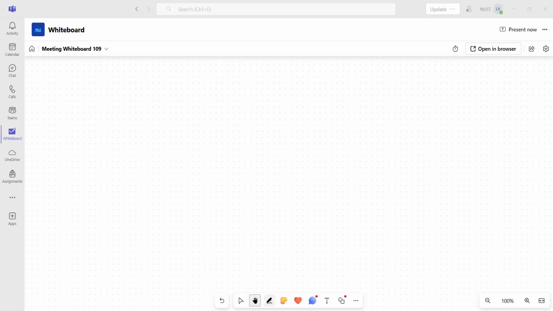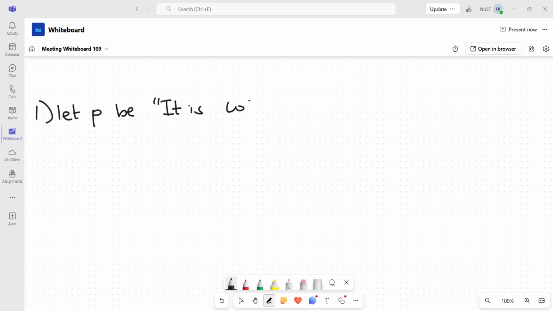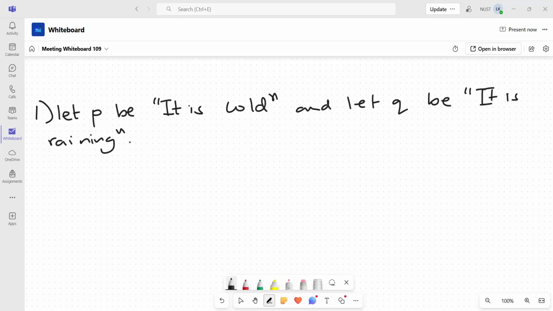Okay, so example number 1, it says, let P be, it is cold. So this is our statement P. And let Q be, it is raining. Okay. Now what we want to do is to give a verbal sentence that describes the following.